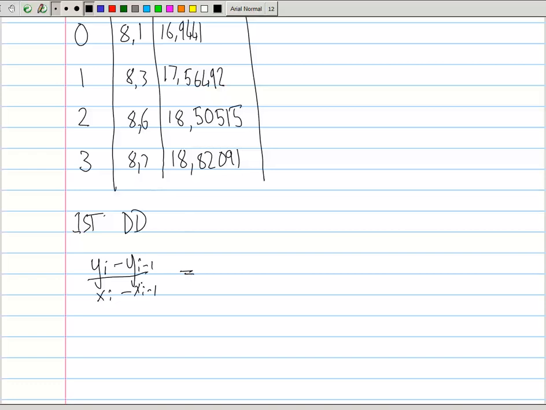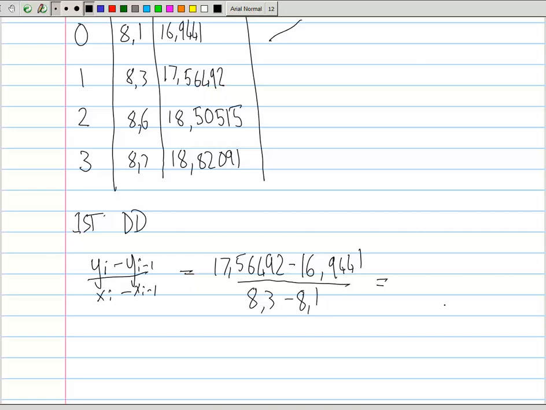In that case, we've got an f of x, which is the same as a y. If we're looking at the minus 1, our first value input there is null. We don't have anything of any use. So our first divided difference is going to be 17.56492 minus 16.9441 divided by 8.3 minus 8.1.